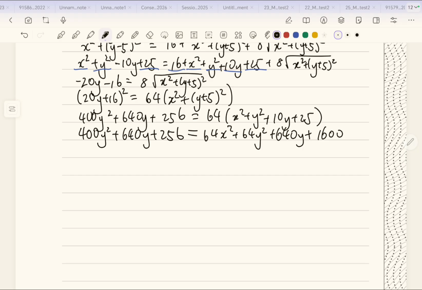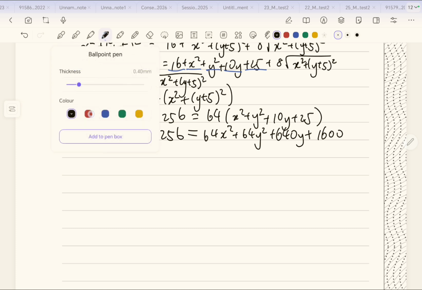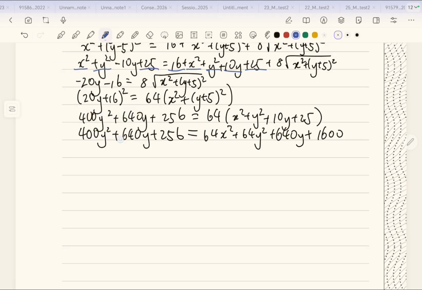And now, let's combine the like terms. Let's switch pen colors first again. We have 640y here and 640y here, so these cancel out.